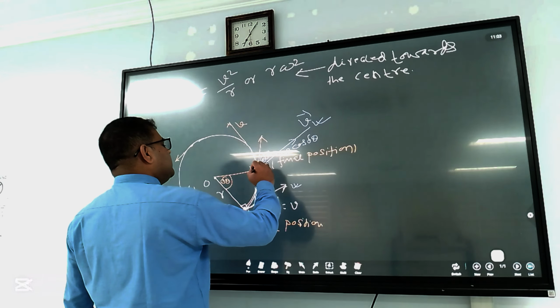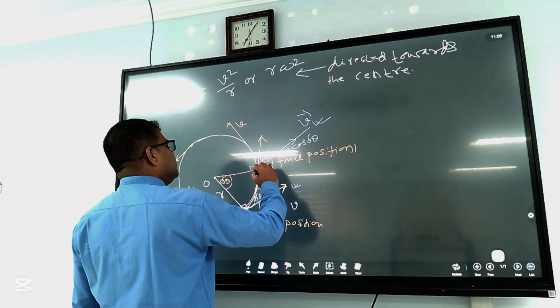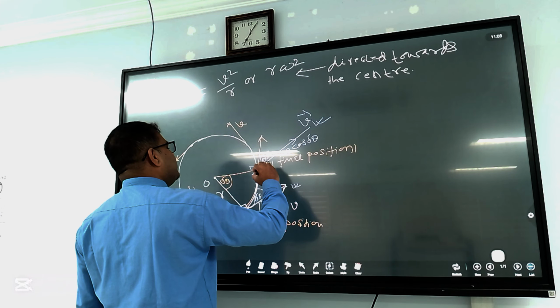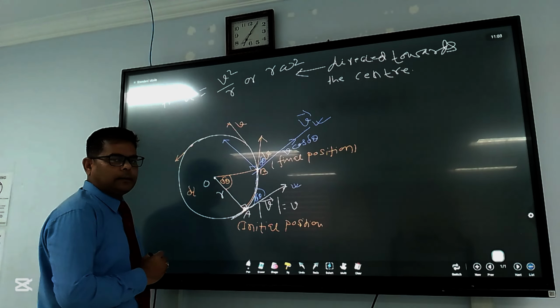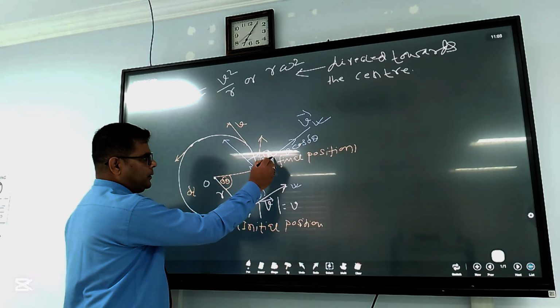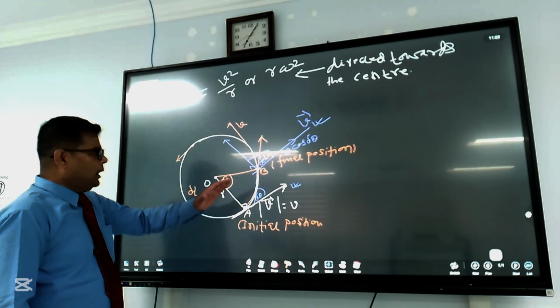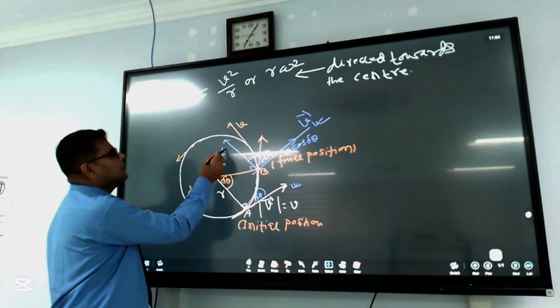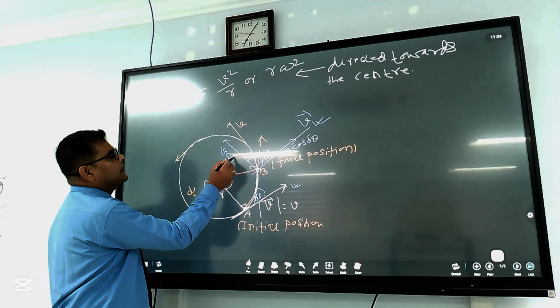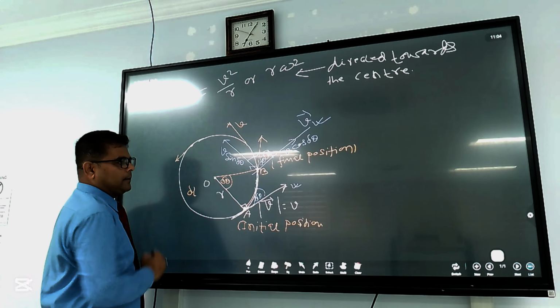And the perpendicular component, that means the vertical component for this velocity, can you tell me? Because when you take horizontal as v cos del theta, what is the vertical component? The vertical component is in fact v sin del theta.